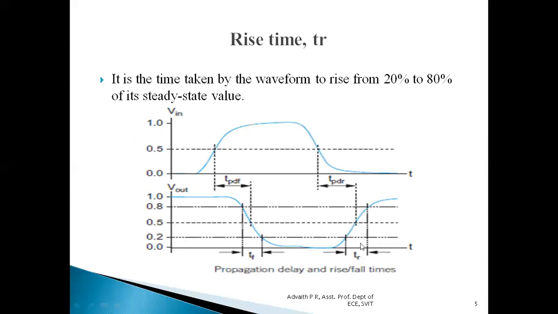If we observe here, we have a rise time. As the definition gives us, rise time is the time taken by the waveform to rise from 20% to 80% of its steady state value.